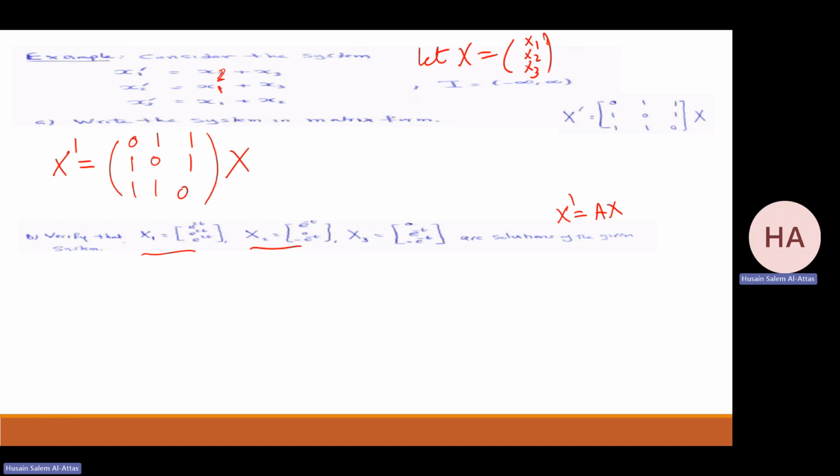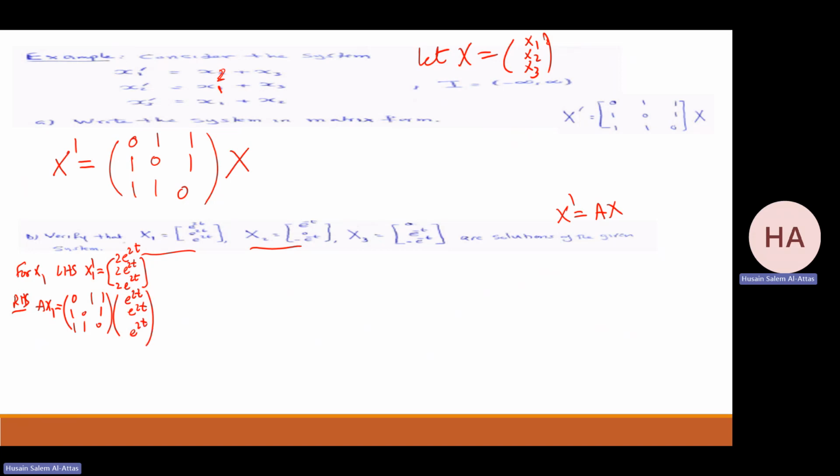Now I need to check for x1. Left-hand side, x1 prime: it is e to the power 2t, so that will be 2e^2t, 2e^2t, 2e^2t. Right-hand side, that will be A x1: the matrix 0, 1, 1; 1, 0, 1; 1, 1, 0 times e^2t, e^2t, e^2t.